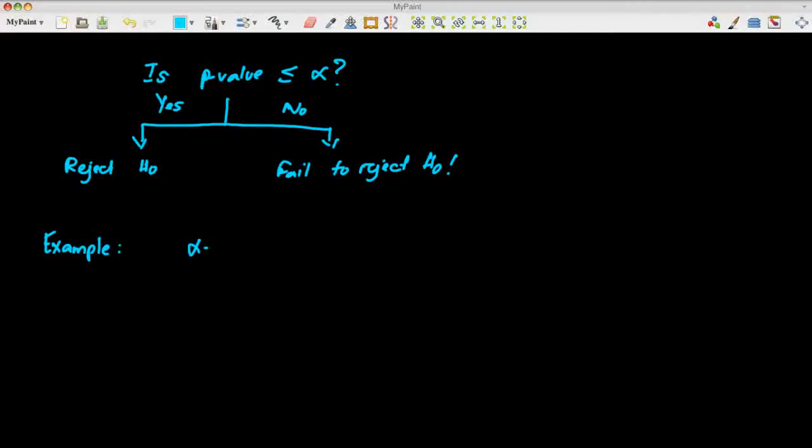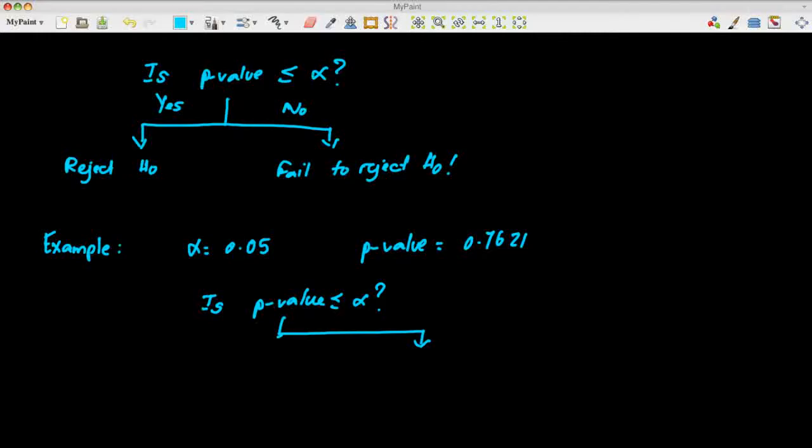Take an example. Suppose alpha is decided to be 0.05 and we get a p-value of 0.7621. So I'm going to ask myself this question: is p-value less than or equal to alpha? If I say yes, I will reject null.